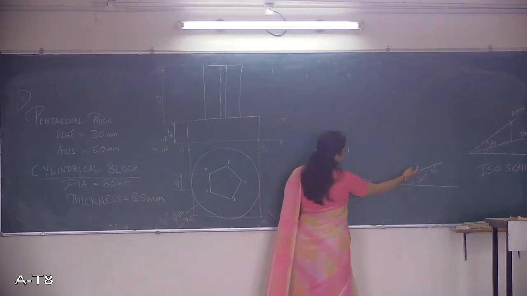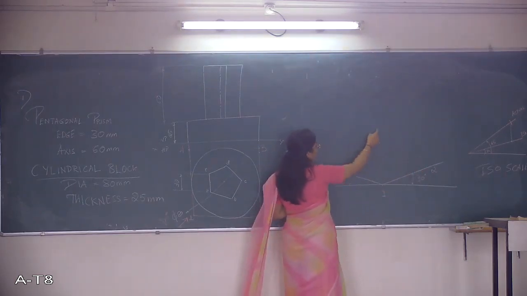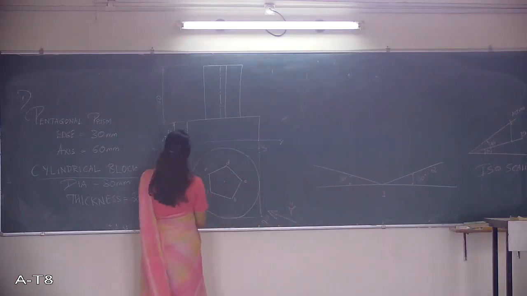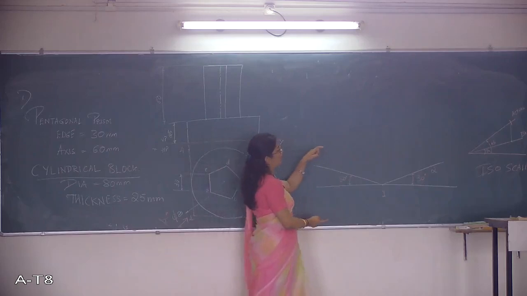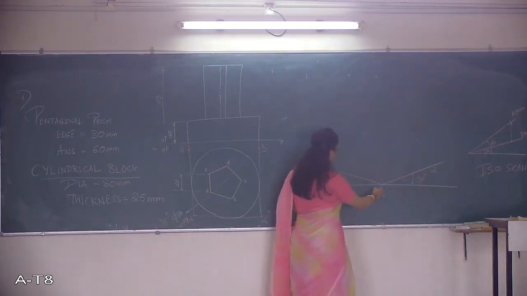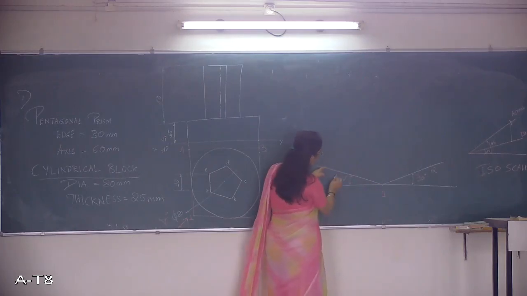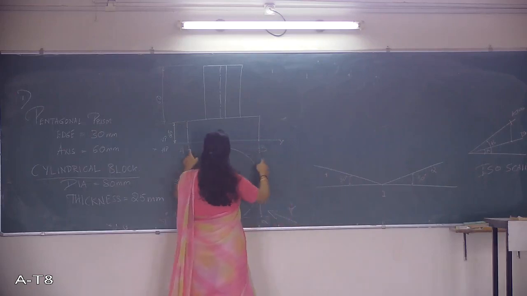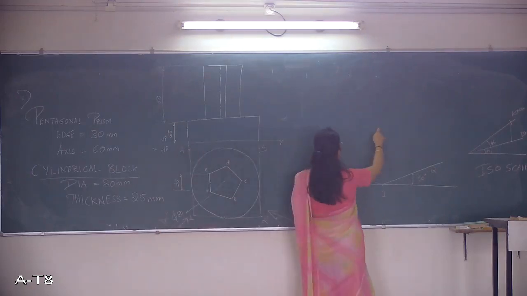Now, can I just get any point from 3? No. So from 1 to 4, you see how much is 1 to 4, go to this iso scale, get the new reading, and that you'll have to mark here. So this is 1 to 4, I have marked 4. Likewise, 4 to 3 will be same.